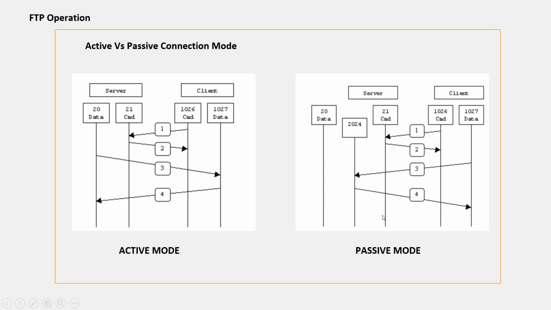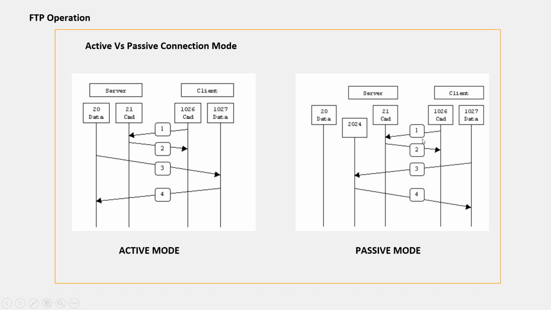In passive mode, the client initiates both connections to the server, solving the problem of firewalls filtering the incoming data port connection to the client from the server. When opening an FTP connection, the client opens two random, unprivileged ports, in our case 1026 and 1027. The first port contacts the server on port 21.